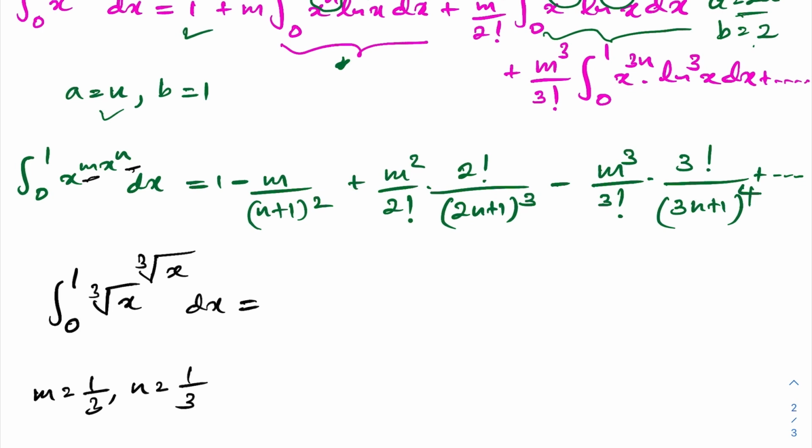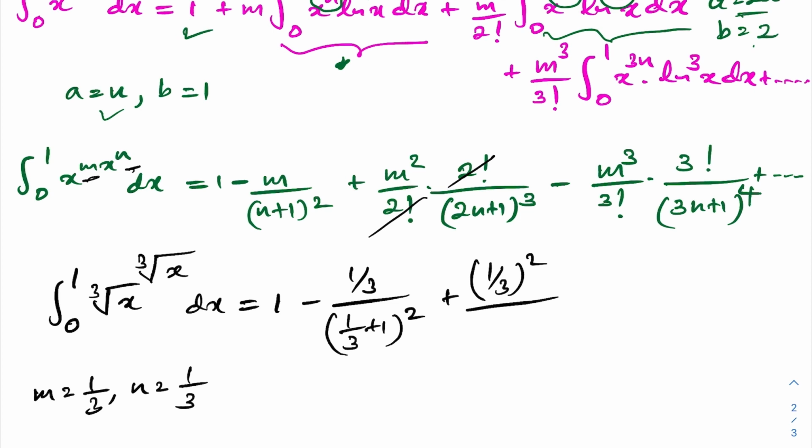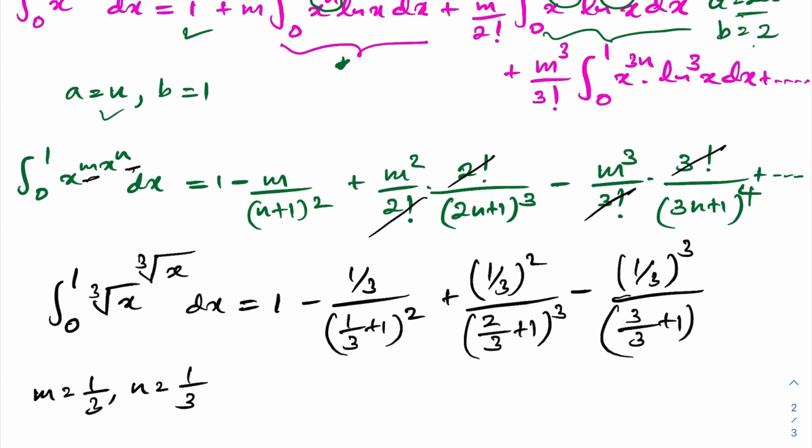So we can write 1 minus 1/3 over 1/3 plus 1 perfect square, here 2 factorial gets cancelled, then plus m square, which is 1/3 square, over 2n plus 1, so 2 over 3 plus 1 raised to the 3 power, then minus, 3 factorial gets cancelled, 1/3 cube over 3 over 3 plus 1 raised to the 4th power, plus so on. Okay, this is the answer for this integral.